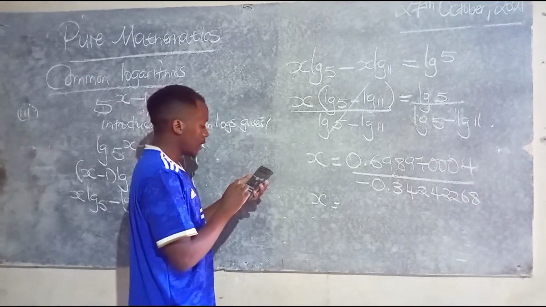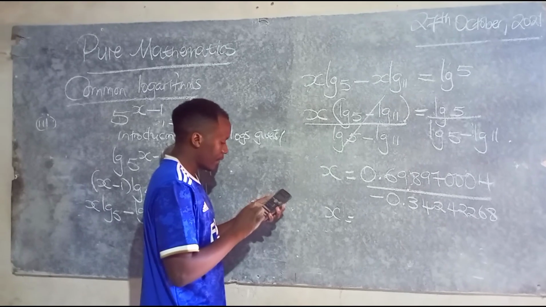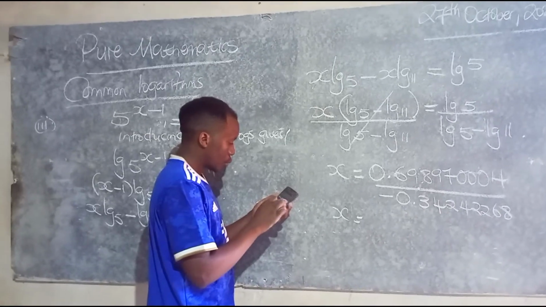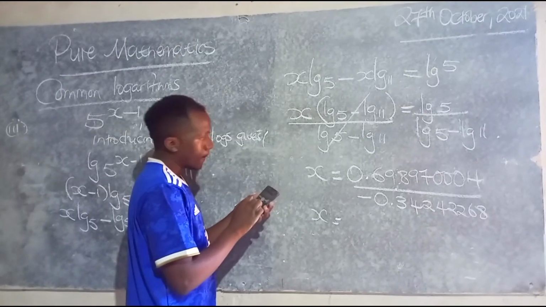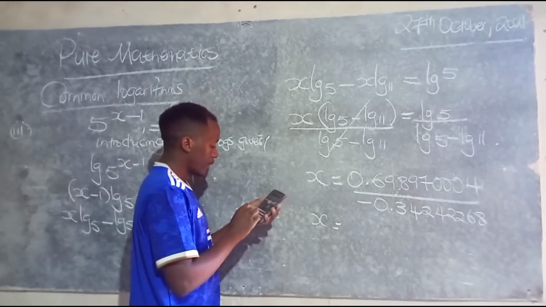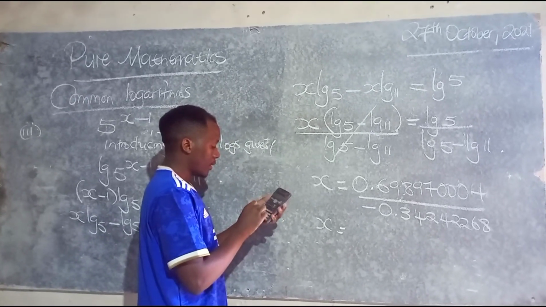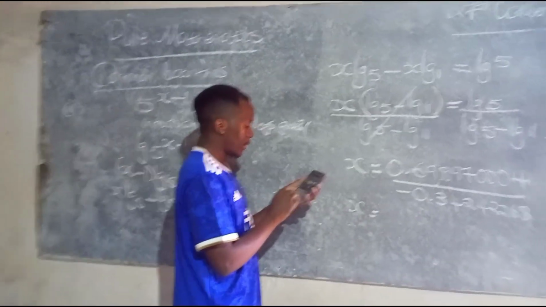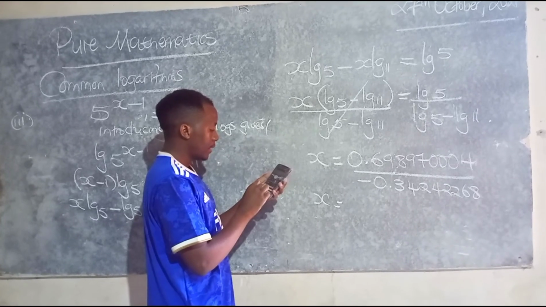So log 5 divided by log 5 minus log 11, that is 0.6989700004 divided by negative 0.34222268.